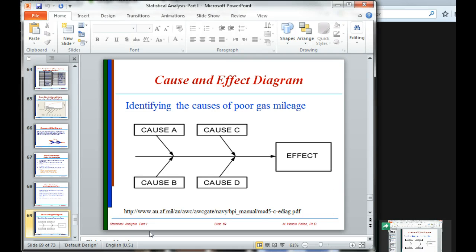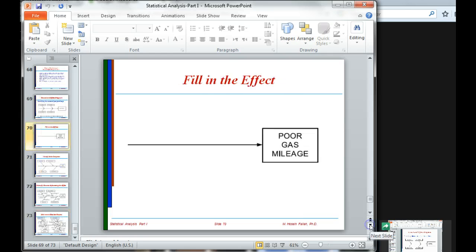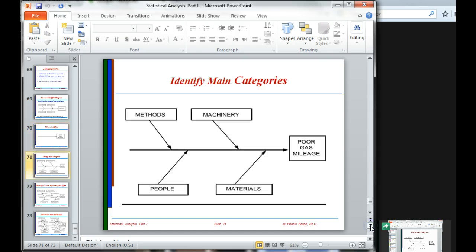So here's an example I picked, where the effect will be poor gas mileage of the car, and this is an older example used in teaching. Most cars today don't have carburetors, but it shows that the carburetor is, or potentially could be, a problem. So we've got poor gas mileage, and it could be the machine itself, it could be the method of driving it, it could be the people themselves, it could be the material.